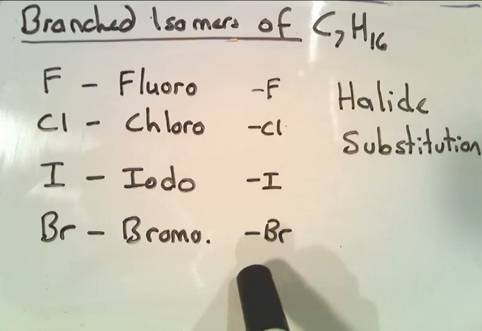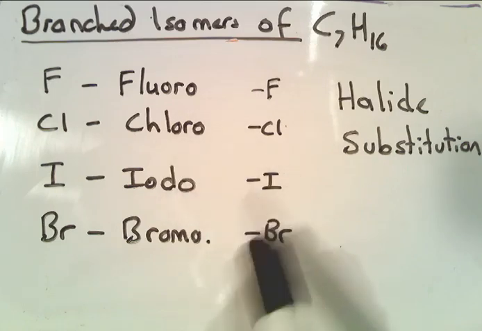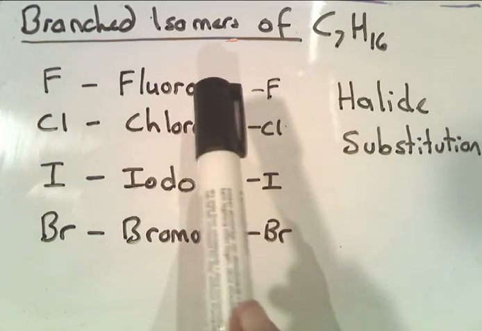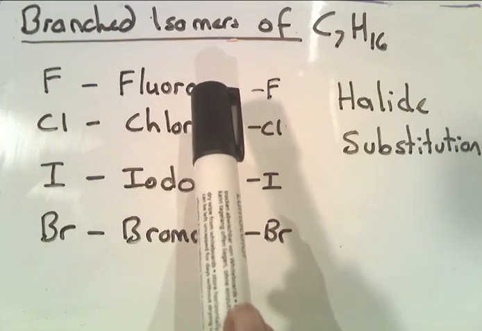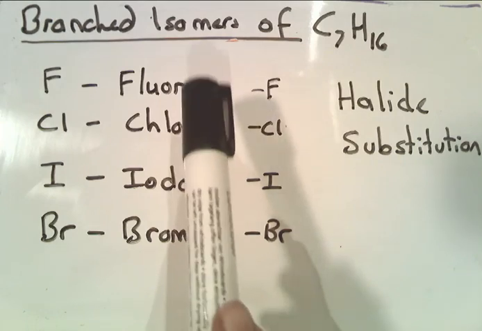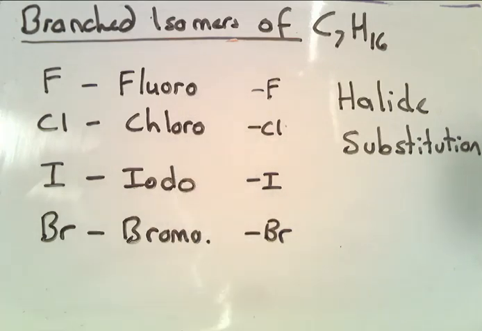So wherever you would normally put a hydrogen, you can put a fluorine, a chlorine, an iodine, or a bromine. The prefix, instead of methyl for one carbon being substituted, the prefix would be fluoro, chloro, iodo, and bromo.